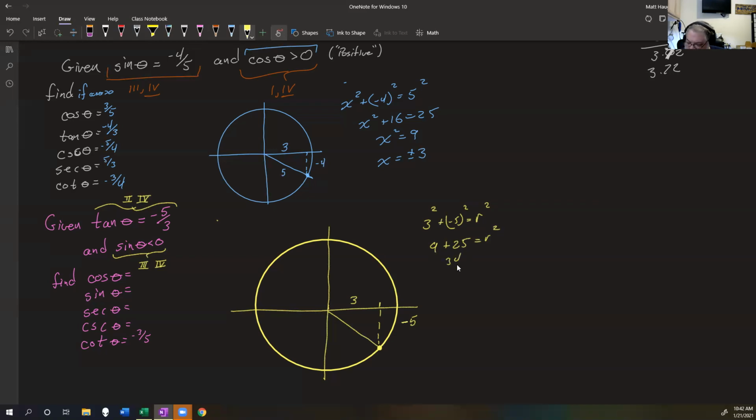So 34 is r squared? We still technically get a plus or minus the square root of 34. But because it's a radial length, we always take the positive value for radial lengths. I'm going to encourage you, whenever you solve these, put that plus or minus there. If you are not in that habit, you will forget it when you need it.